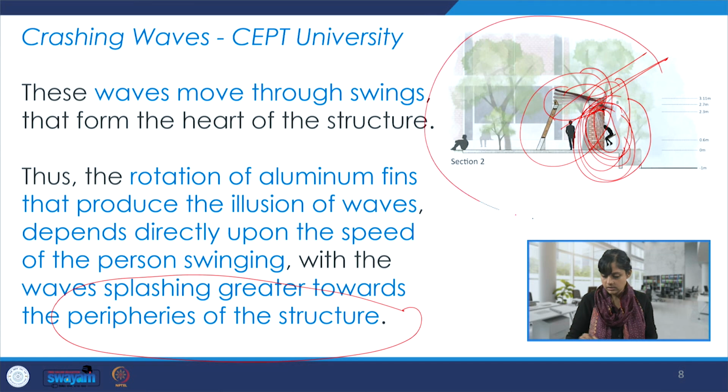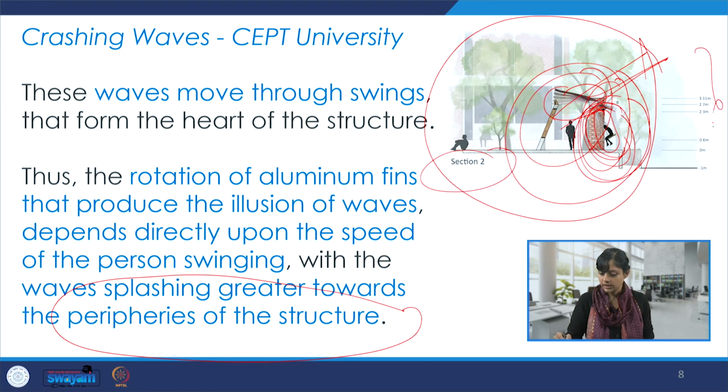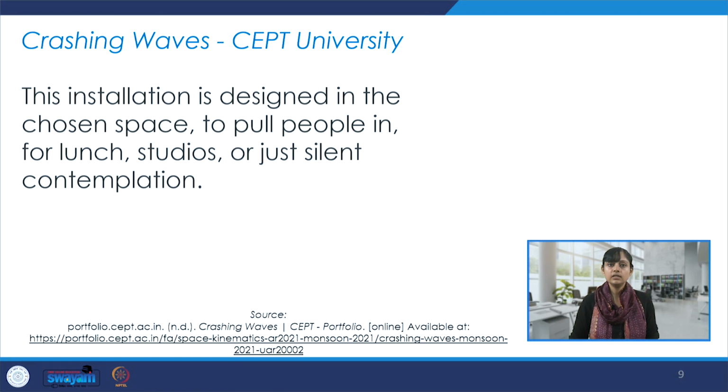So that's the detail which is thought about and put to use when this installation design is conceived and executed. This is one of the sections, and it also gives all the details, as per the dimensions over here. This installation is designed in the chosen space to pull people in for lunch, studios, or just some silent contemplation or break from the work.